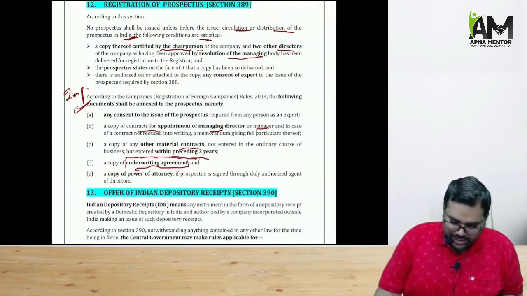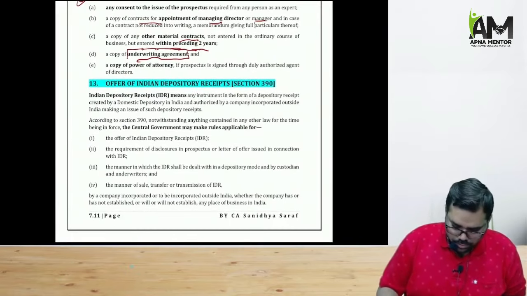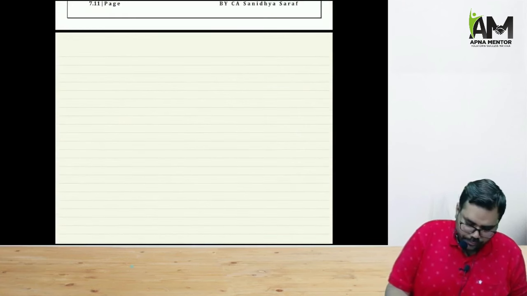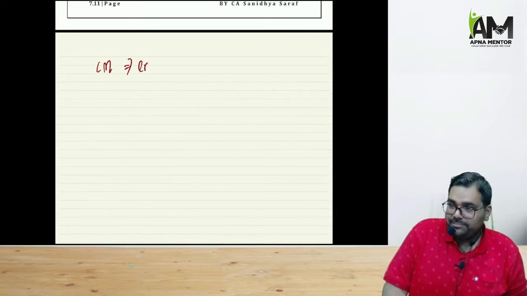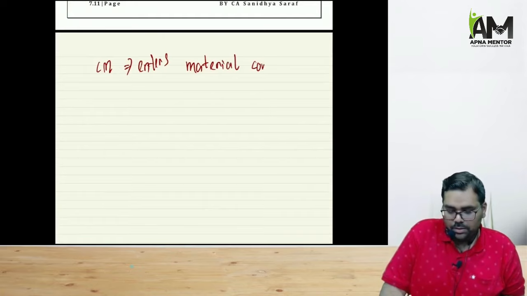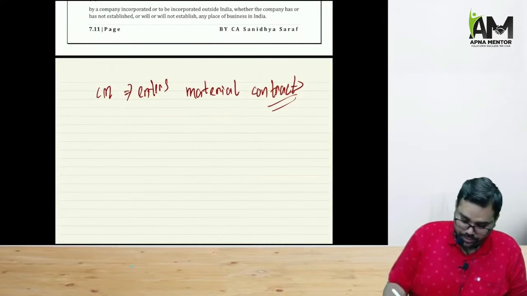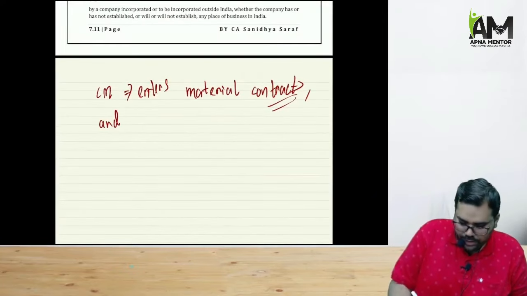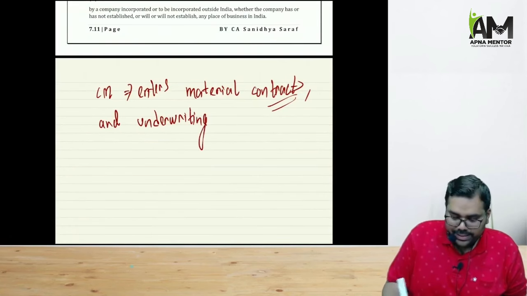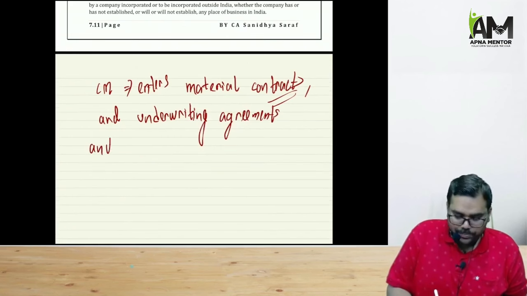You can also remember it like this. CM, Chief Minister, enters material contracts and underwriting agreement and issues power of attorney to his agent.